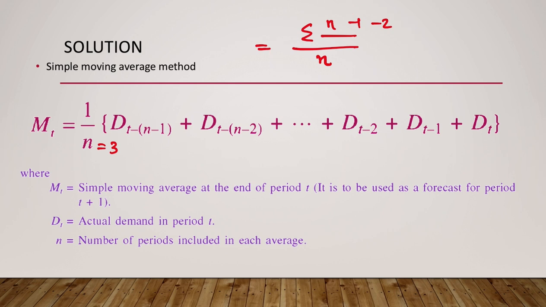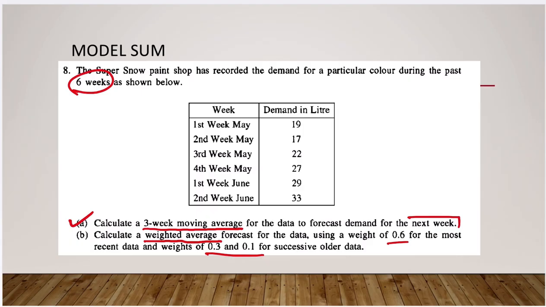Okay, listen. With this, how are we going to calculate? For the given data, these 3 we are going to account to measure the next week data. So, we will calculate for 19, 17 and 22.